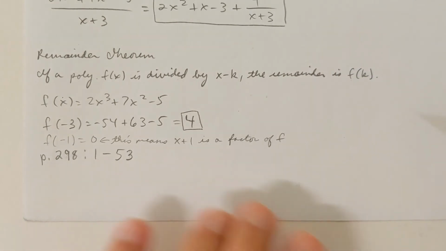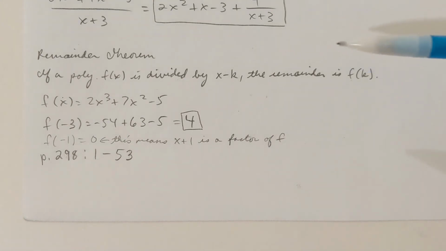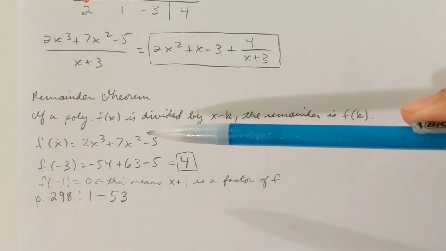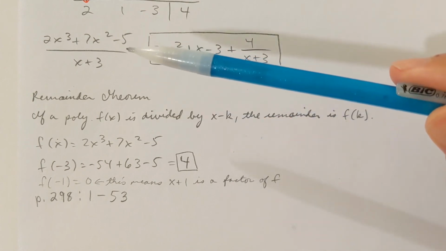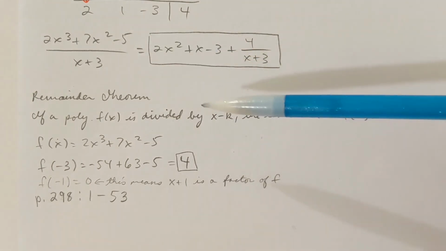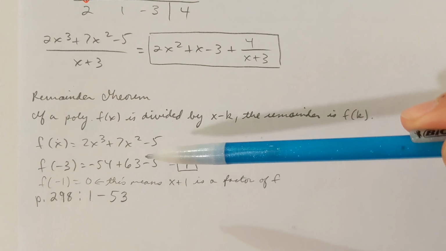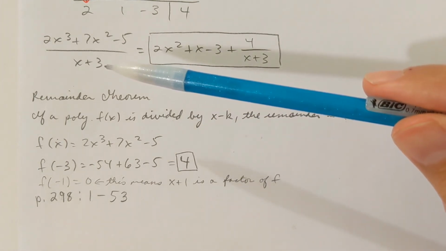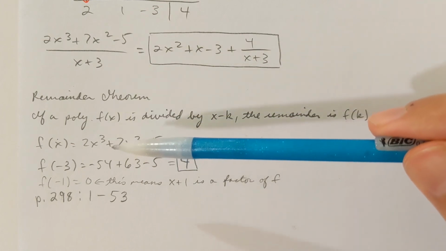The last thing in this section is something that's going to be used heavily in the next two sections, which is called the remainder theorem. And it says that if a polynomial f of x is divided by x minus k, then the remainder is f of k. So let's take 2x cubed plus 7x squared minus 5 for f of x divided by x minus k. So negative 3 is the 0 of the denominator.